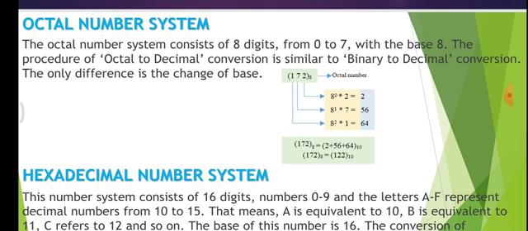It will give 2, 56, 64. After adding these numbers we will get 122. So the octal number 172 equals the decimal number 122.